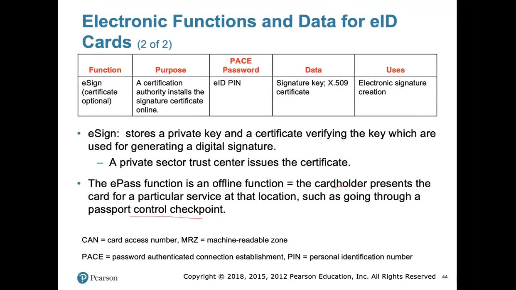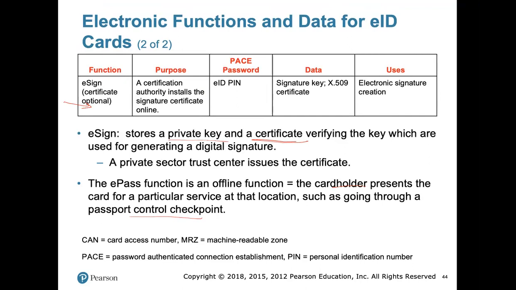And the third functionality, which is defined for EID card, is called e-sign, e-signature. In this specific functionality, the card stores a private key and a certificate that verifies the key. So on the card, of course, on the electronic part of the card, not the printed version, you have a key plus a certification.